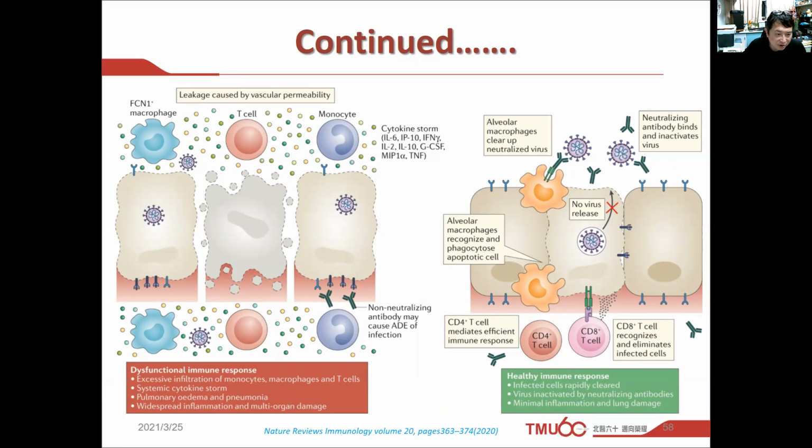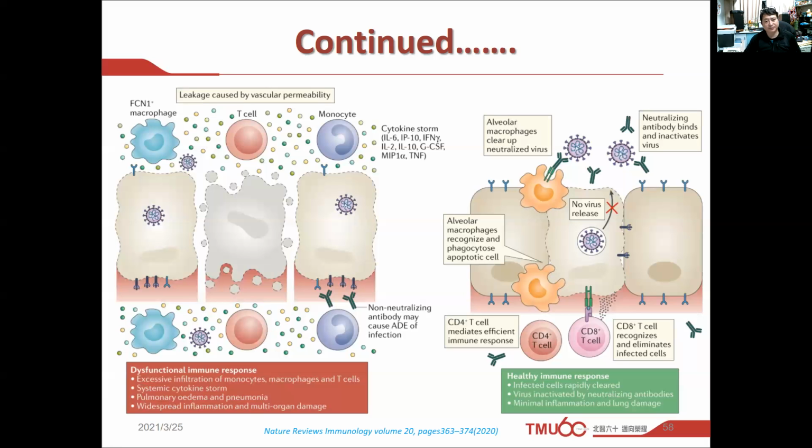However, if a patient has a dysfunction of immune response, they cannot shut down the infiltration of immune cells, for example monocytes, macrophages and T cells. They are going to secrete a lot of systemic cytokines onto the tissue, onto the lung, and will cause pulmonary edema, and later pneumonia, leading to lung failure.